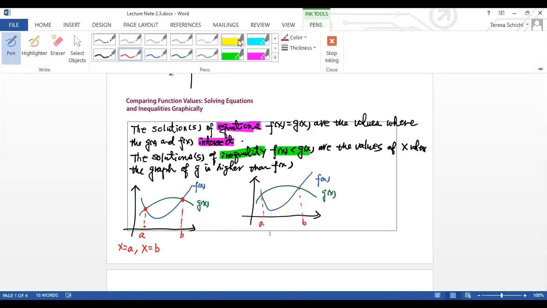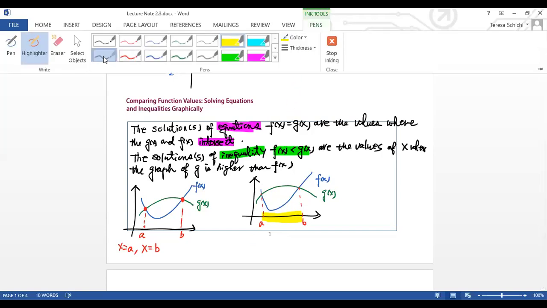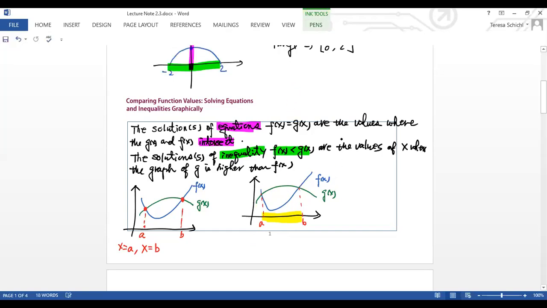In this area, g of x is always on top of f of x. So that means this is the solution for the inequality f of x less than g of x.